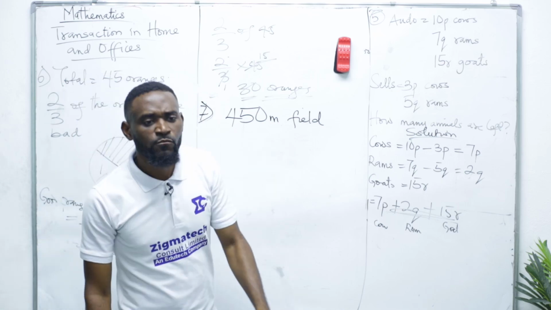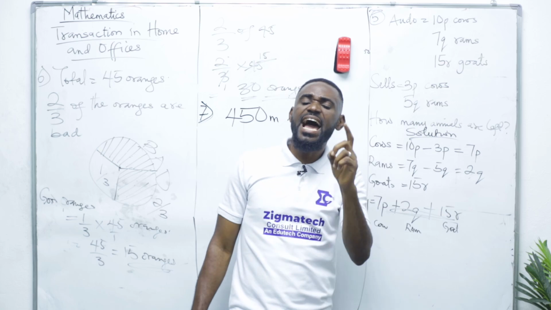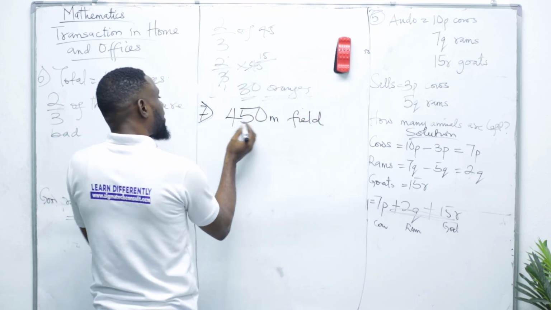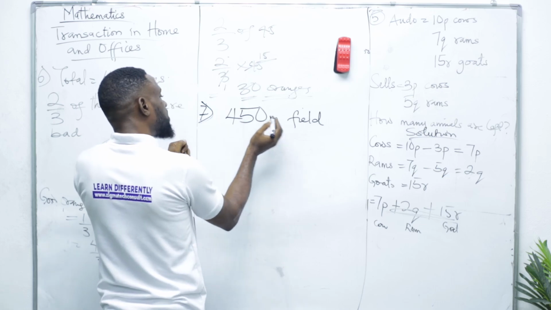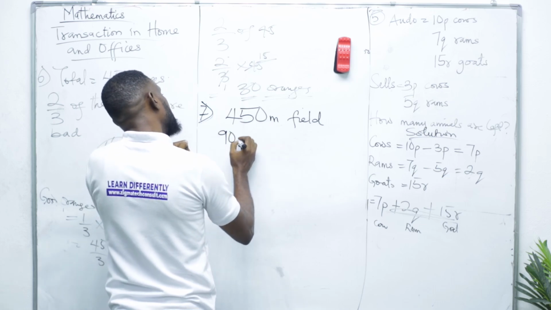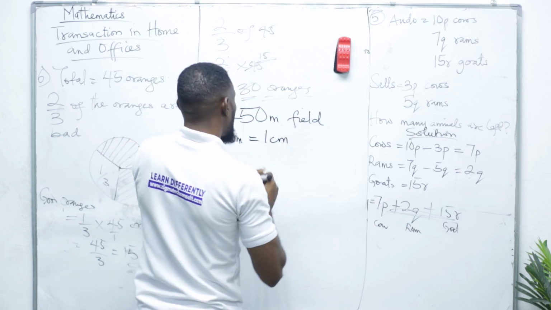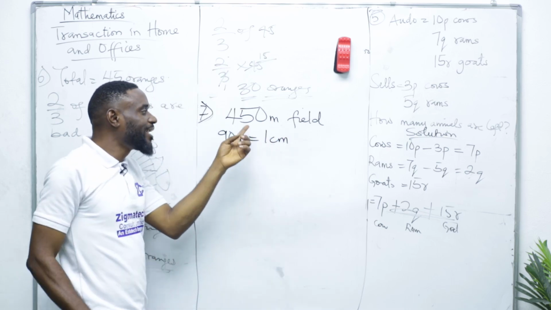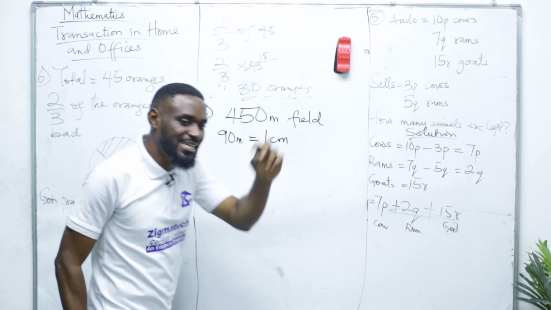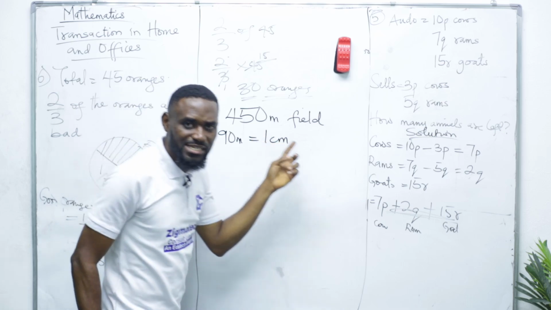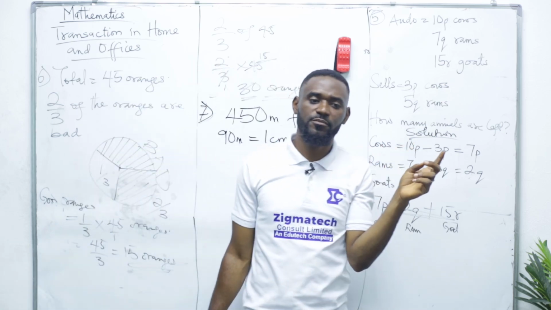And they said that every 90 meters represents 1 cm. So out of this 450 meters, 90 meters is equal to 1 cm. So how many cm will 450 represent? If 90 meters represents 1 cm, that is what the question is saying.